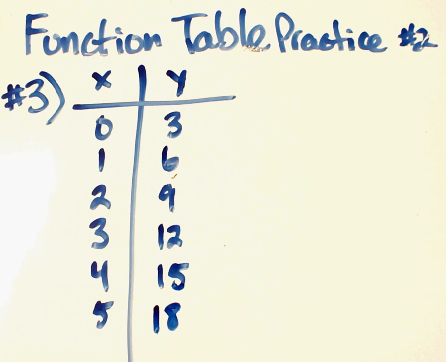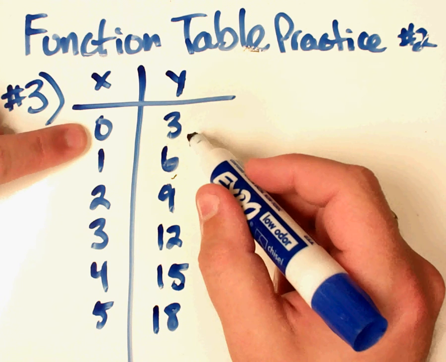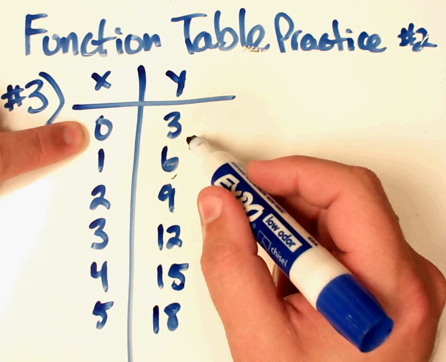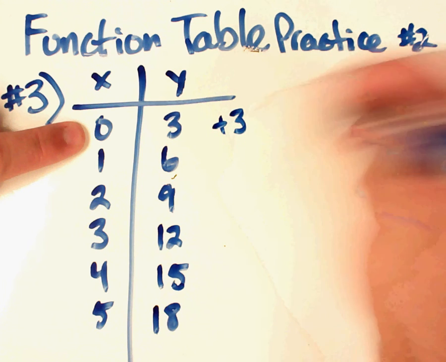Okay, so I know this is a two-step problem, and the reason I know that is because I wrote this assignment. But if you were just to look at this, some of the clues that you would get that this is a two-step assignment is my 0 here. I'm getting an output when I put 0 in, which means somewhere in some part I have to be adding 3 somewhere.